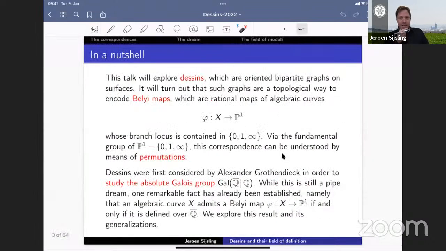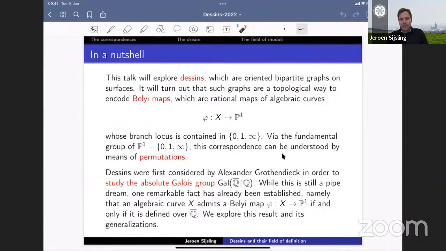Now, as I will tell you, one of the main motivations for studying Dessins was that it was initiated by Alexander Grothendieck. It was, for him, a way to study the absolute Galois group of the rationals. This is a Galois group that you want to understand, or you are able to make interesting statements on.